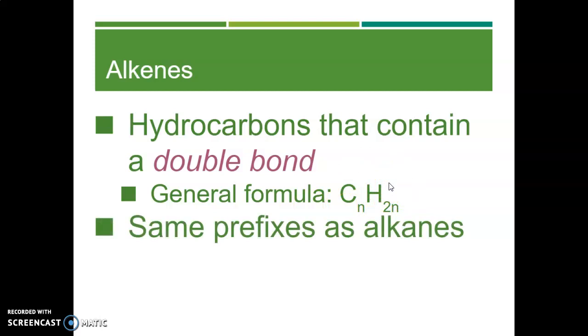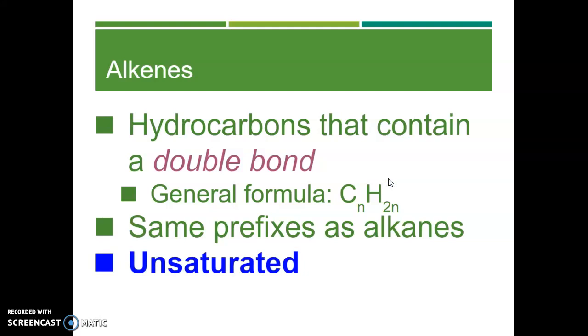The fact that the alkenes have the same prefix as alkanes is a little bit premature because I haven't really talked about prefixes, but whether it's an alkane, an alkene, or an alkyne, the prefixes are going to be the same. It's not going to change from double bonded to single bonded to triple bonded.